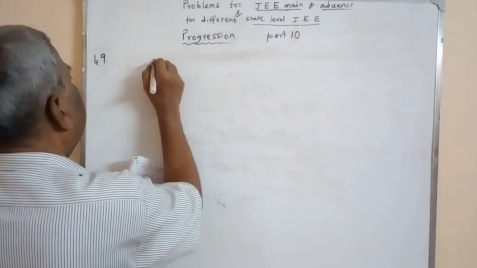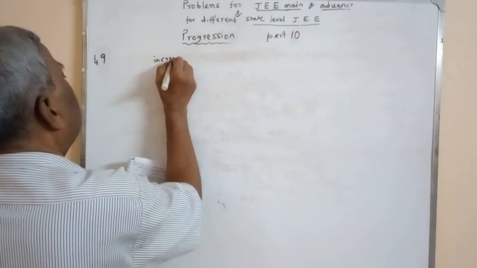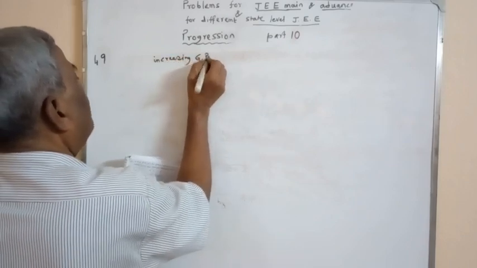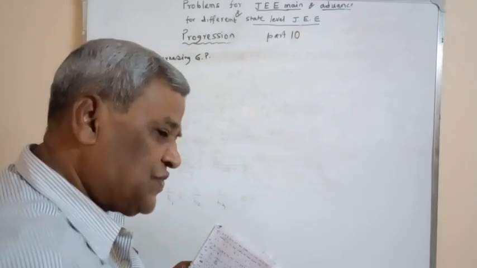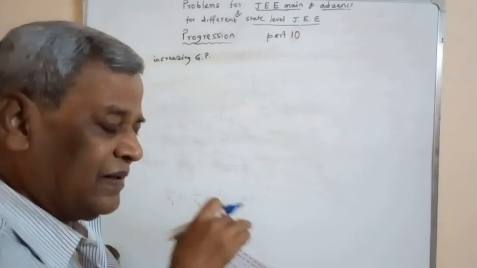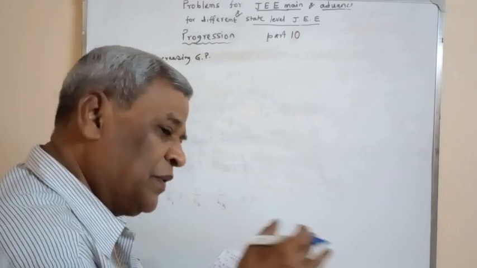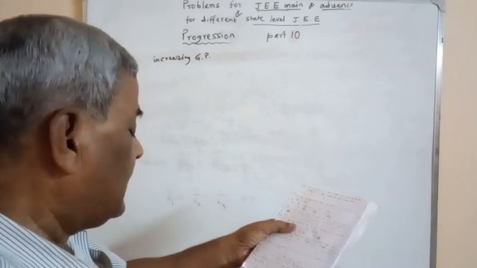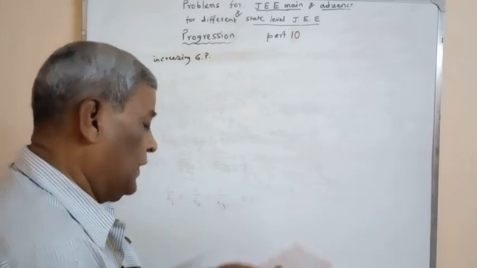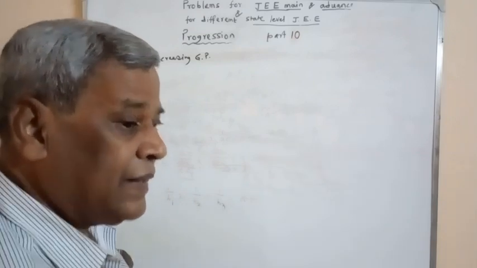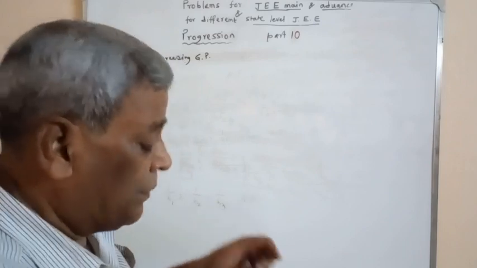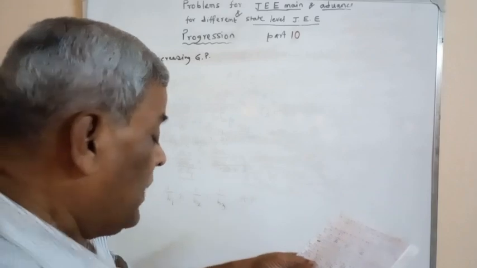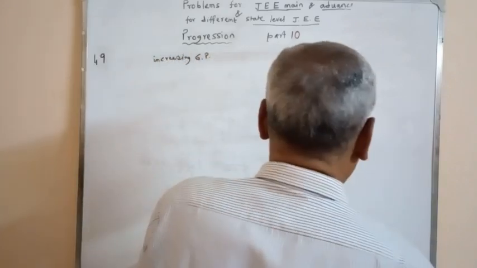Increasing GP means the next term is more than the term before it, and so on. If the middle term of the GP is doubled, the resultant series forms an AP. Find the common ratio of the GP.